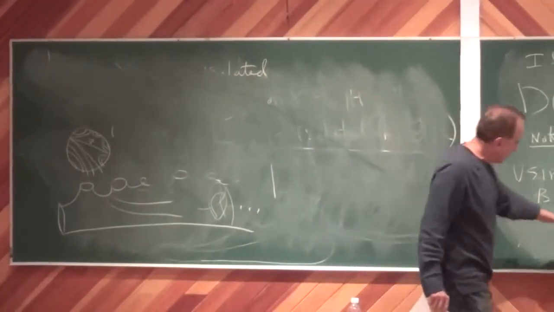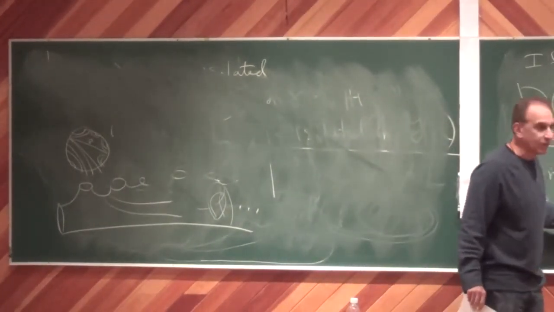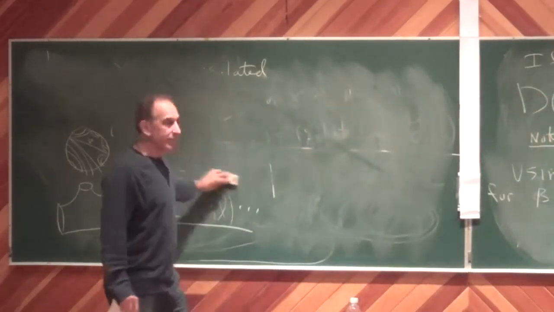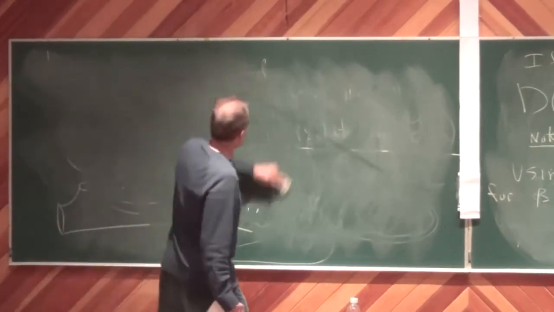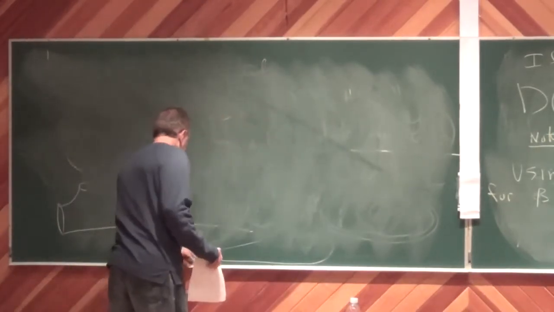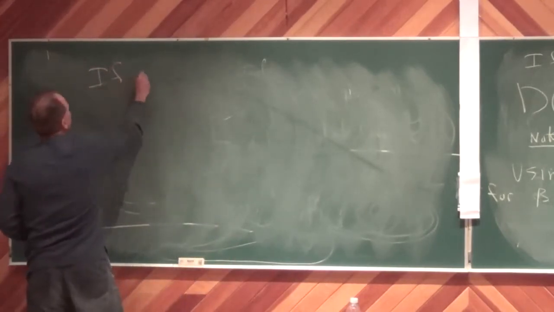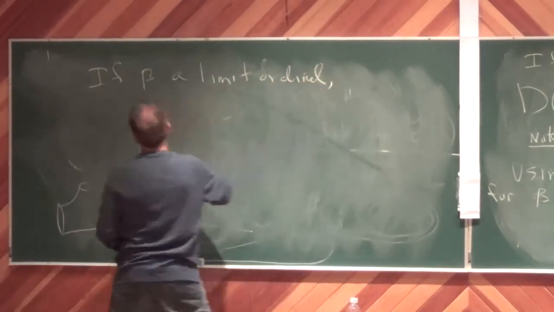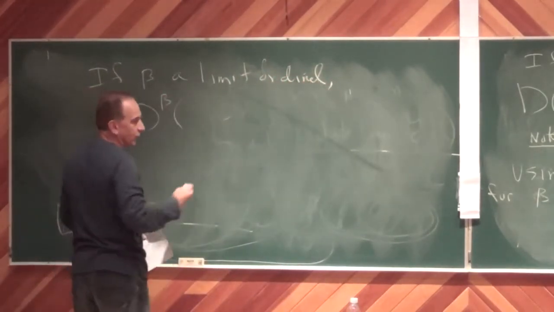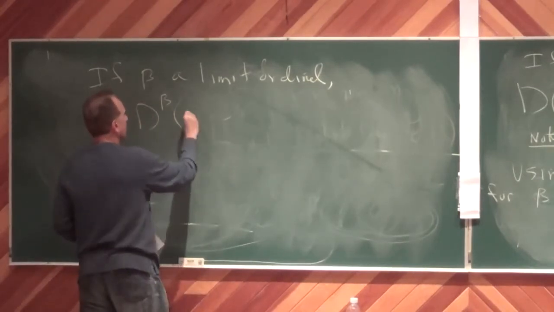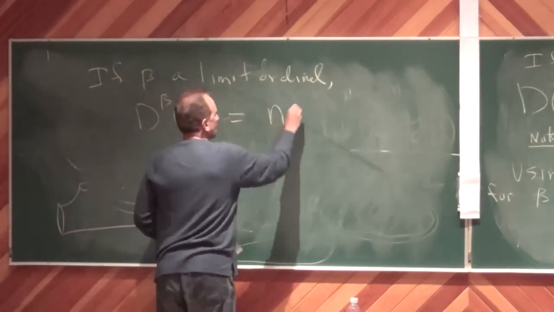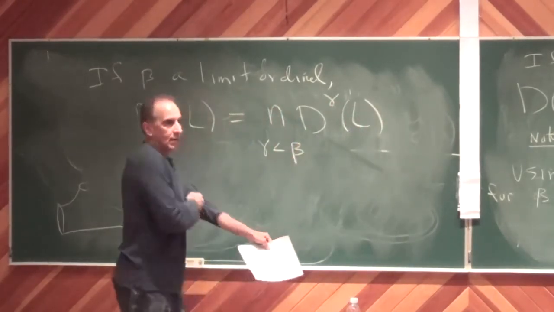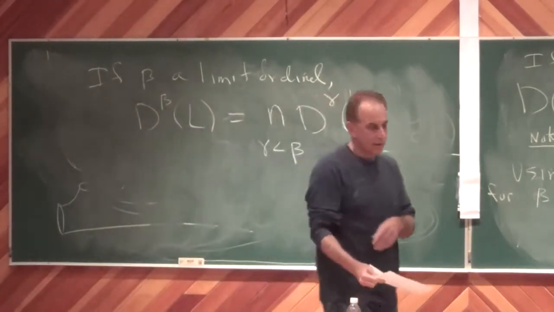So this is defining it for a successor, this is called a successor ordinal. There's one other kind of ordinal, that's called a limit ordinal. For a limit ordinal, you do the obvious thing. So if beta is a limit ordinal, maybe this isn't so obvious. Then the beta derivative, you're assuming you know the derivatives before beta, is the intersection of all the derivatives that came before beta.